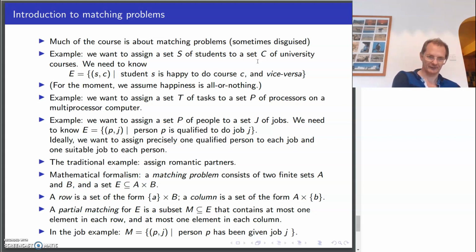That says that you've got one row in your table for each person, and you're only supposed to have one job in that row that's been assigned to that person. And similarly, each job only needs one person, so you've got one column in your table for each job, and that's only supposed to have one person in it. So those are the two conditions for partial matchings.